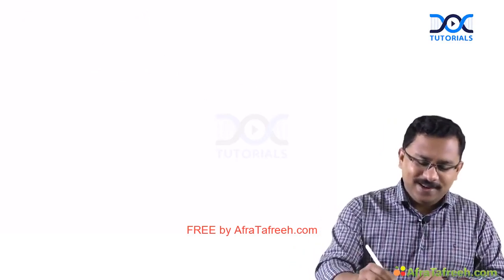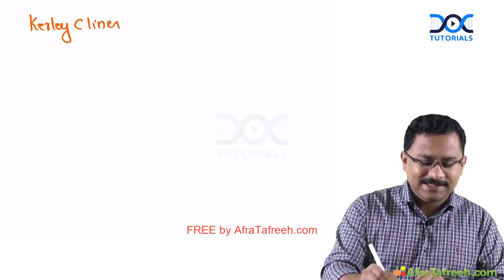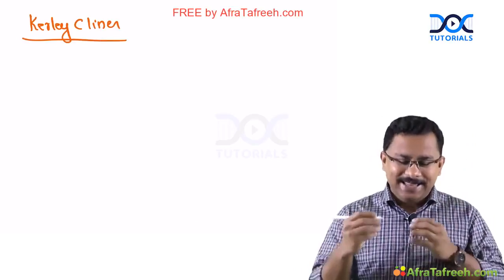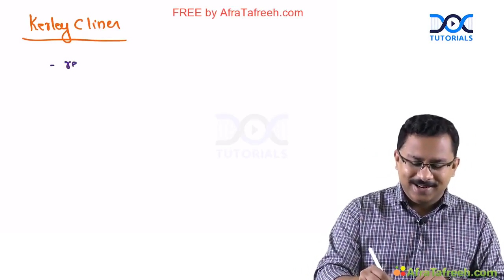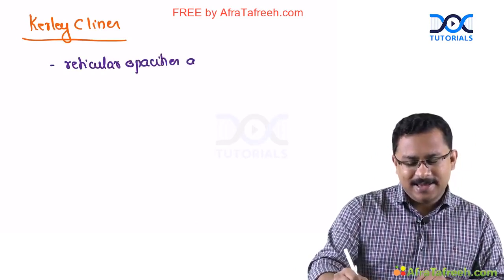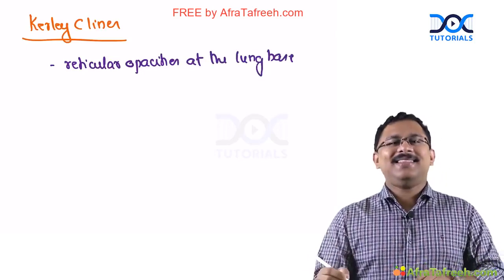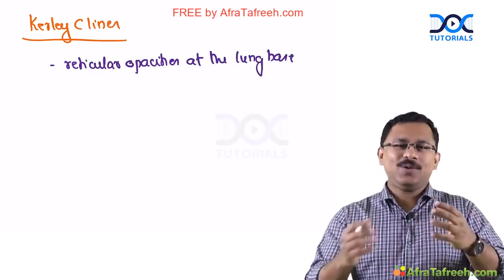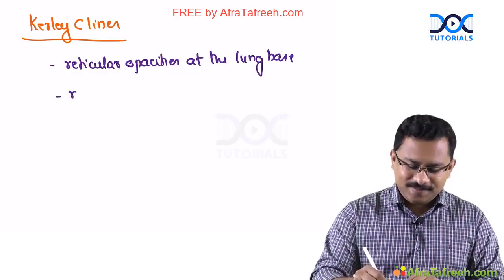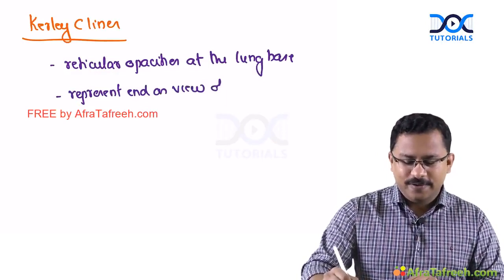And we are just left with curly C lines. Curly C lines are reticular opacities at the lung base, and in fact they represent the end on view of curly B lines.